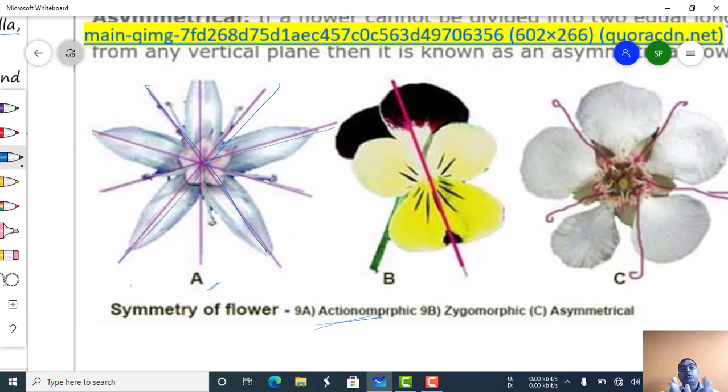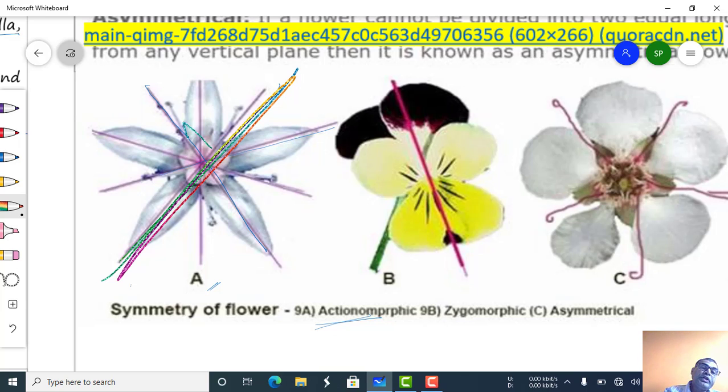Suppose this is the angle where you cut the flower, this is the vertical cut, and you want to cut this flower.